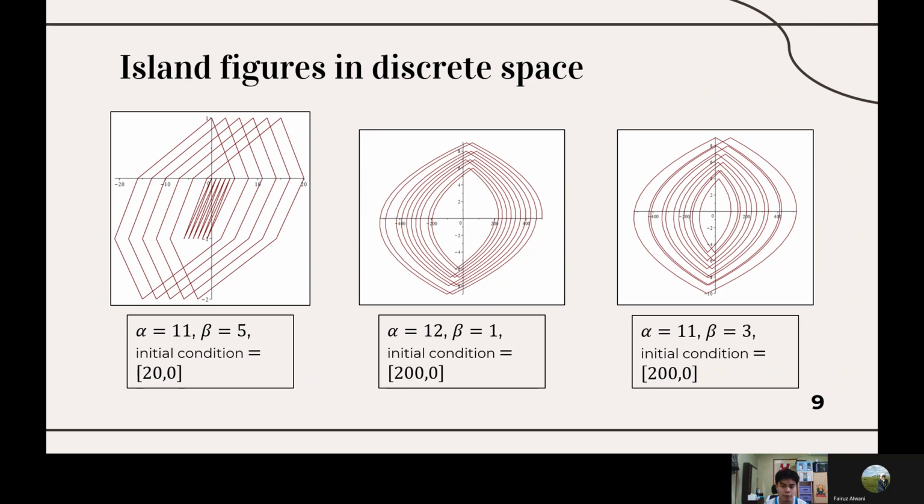If alpha is 12 and beta is 1, with initial condition (200, 0), this is the dynamics of the island chains. Lastly, if alpha is 11 and beta is 3, with initial condition (200, 0), this is the dynamics of the island chain. Therefore, different values of alpha and beta give us different dynamics of the island chains in the discrete space.